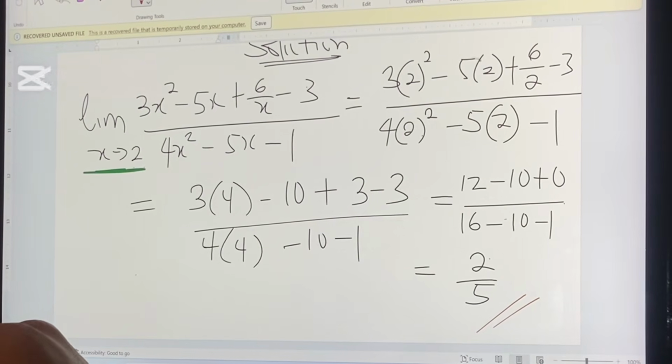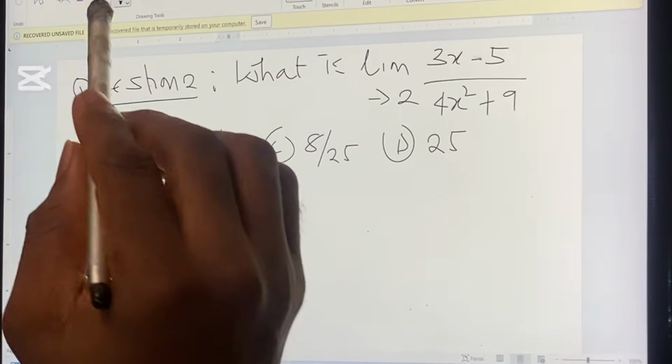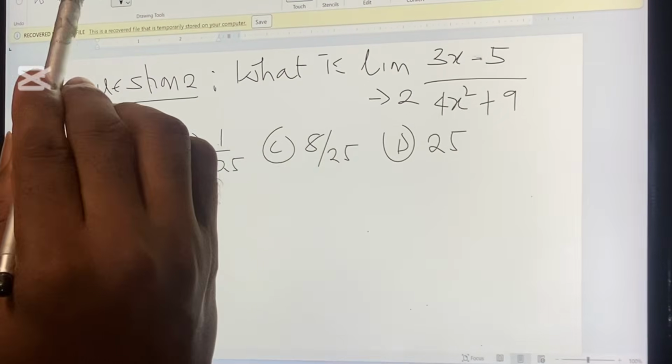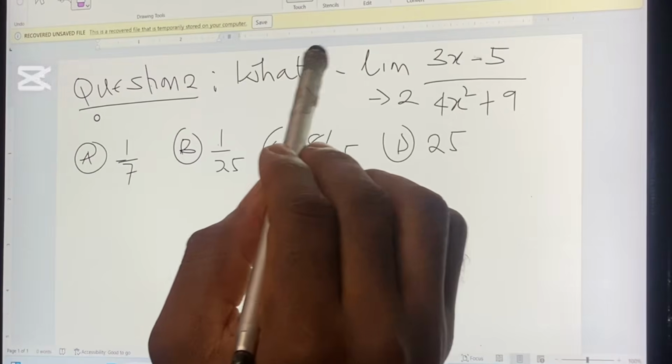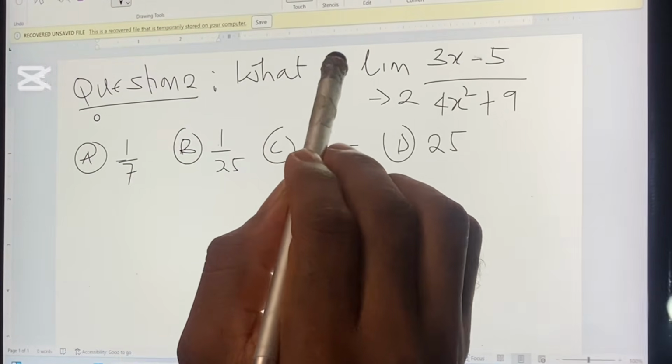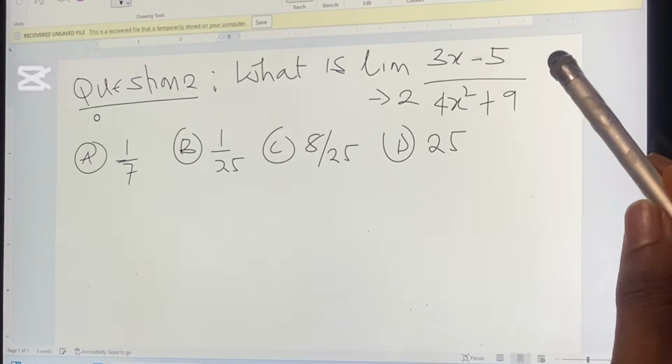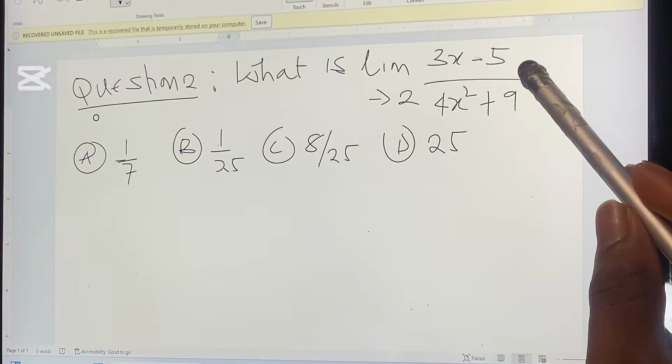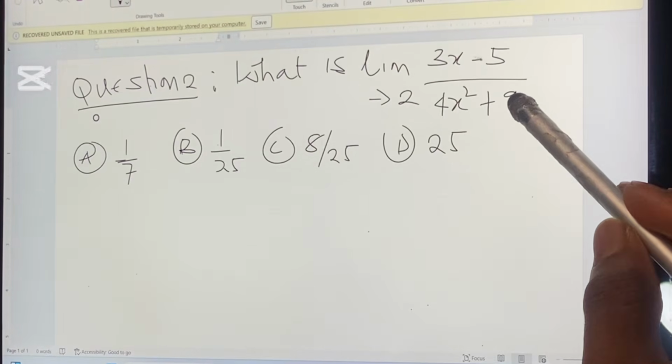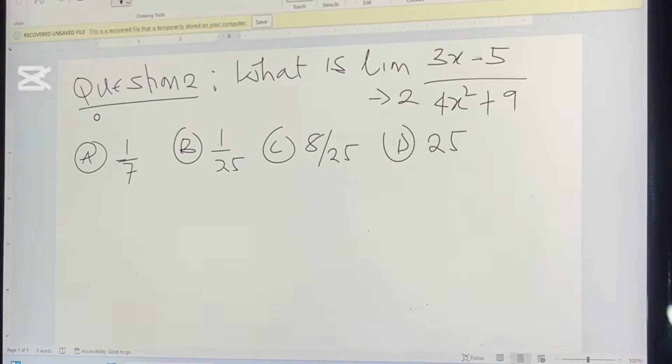That is question 2. They said, what is the limit of (3s minus 5) over (4s squared plus 9) as s tends to 2?